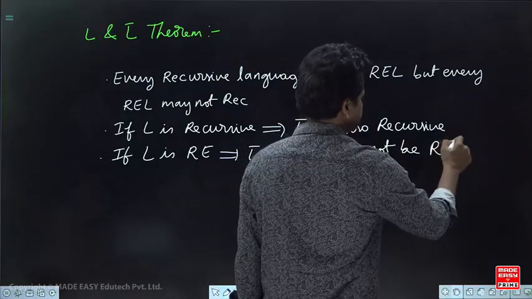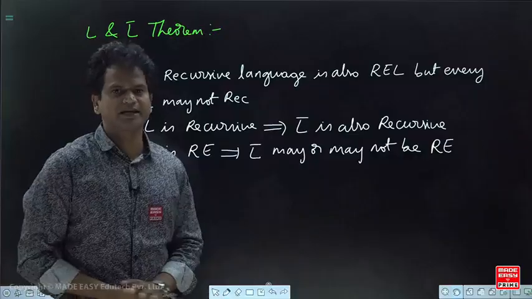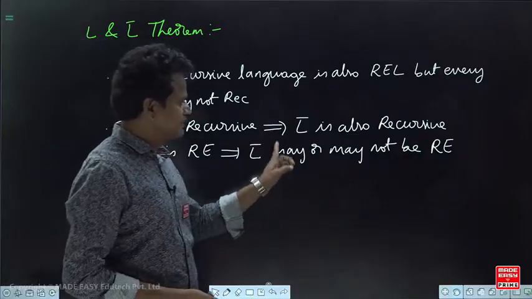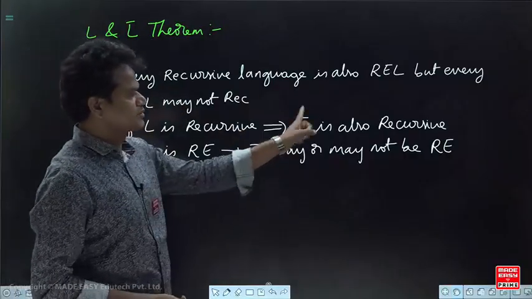So don't say that if L is RE, its complement can never be RE. No. Okay? If a language is RE, its complement may or may not be RE. Whereas if L is recursive, L bar is also recursive.